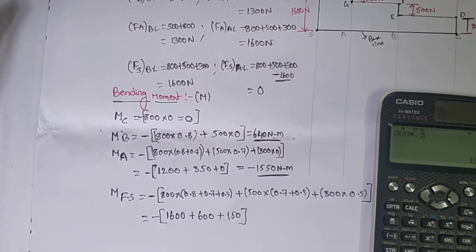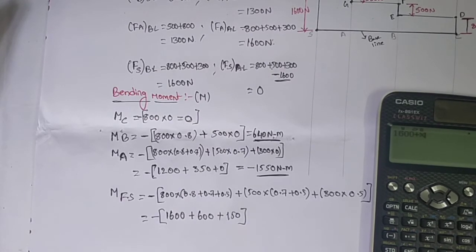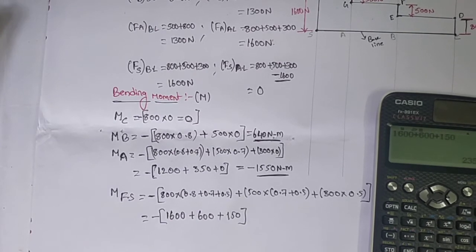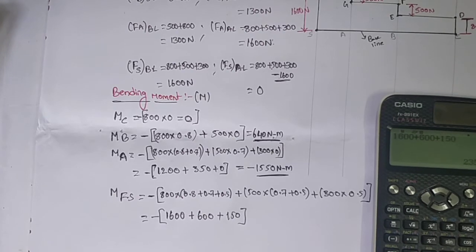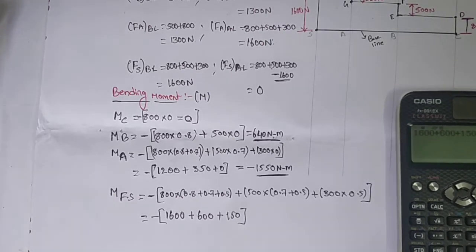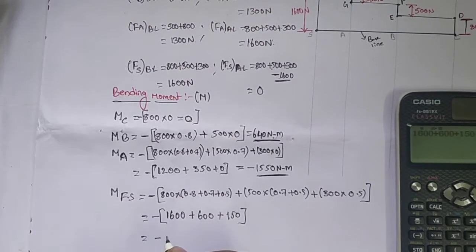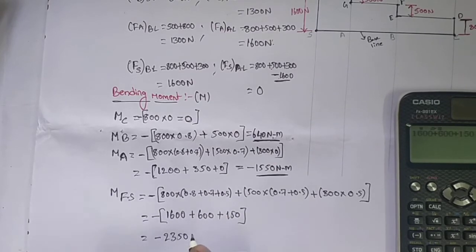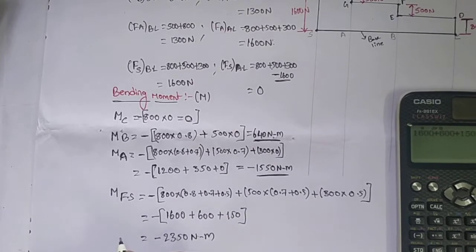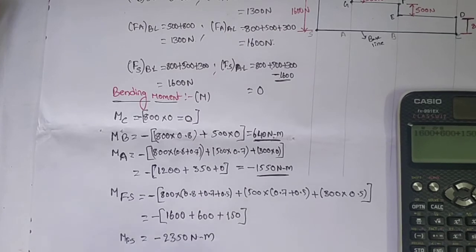Okay, calculate 1600 plus 600 plus 150. The total bending moment is 2350, minus of 2350 Newton meters. It is the bending moment at fixed support.